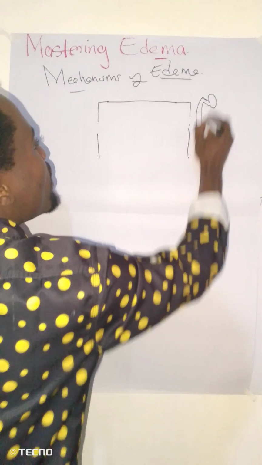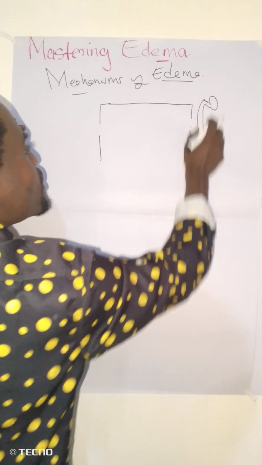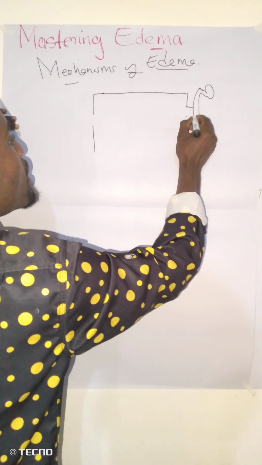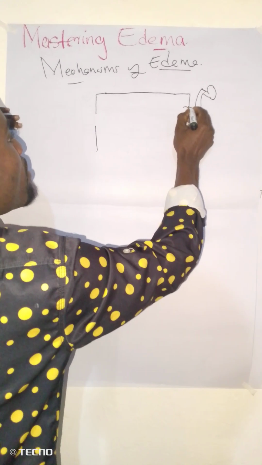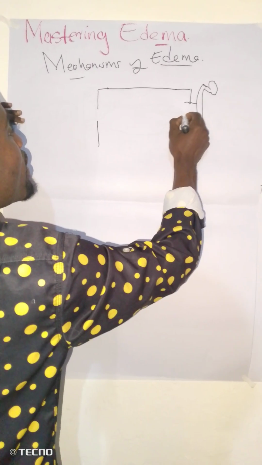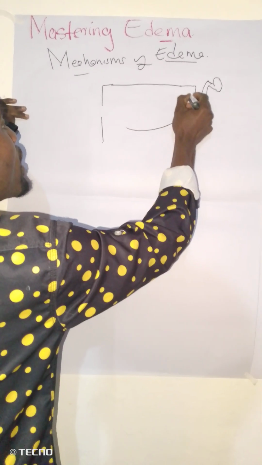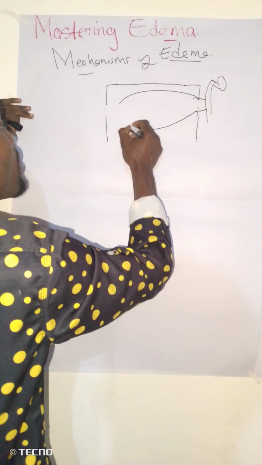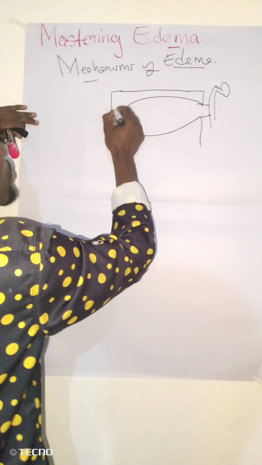Remember, this is the left side of the heart, and then this is the arterial system, the arterial, and then the meta-arterial, and then the capillary system, the microcirculation.